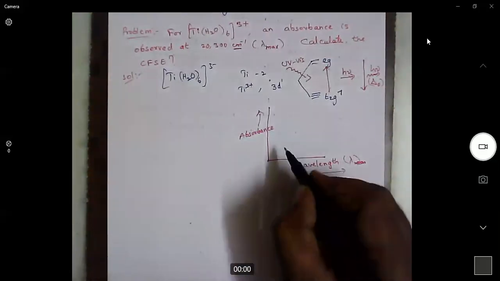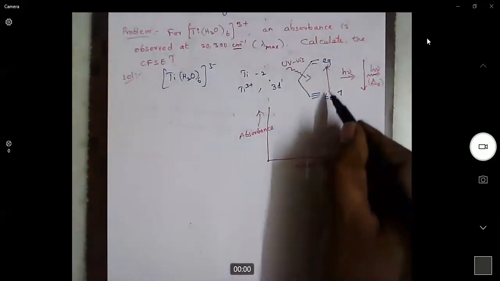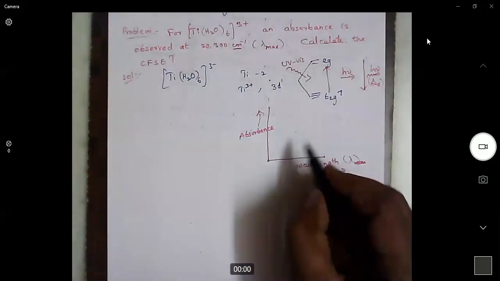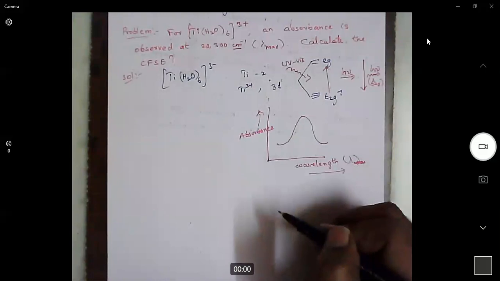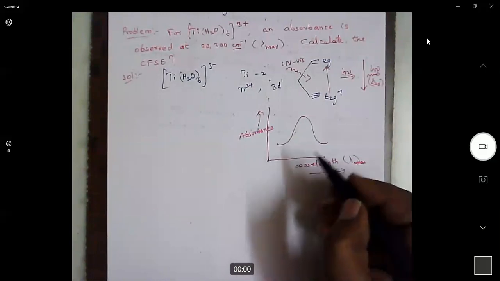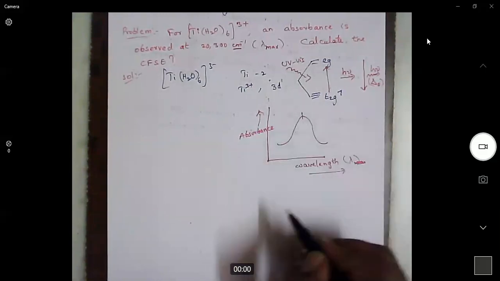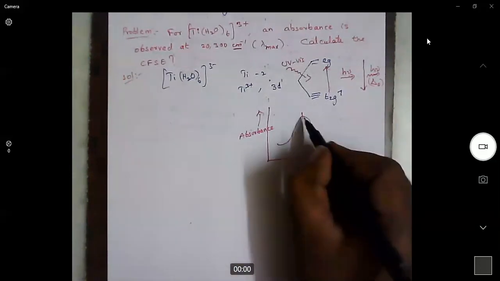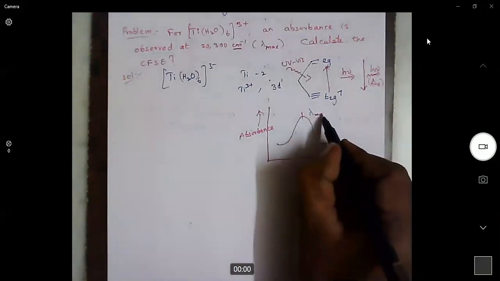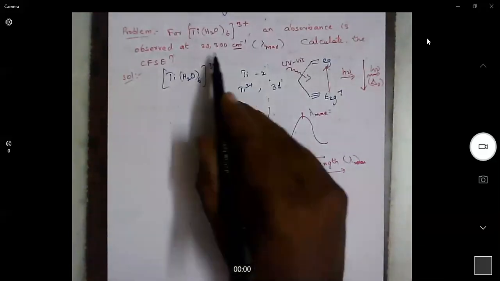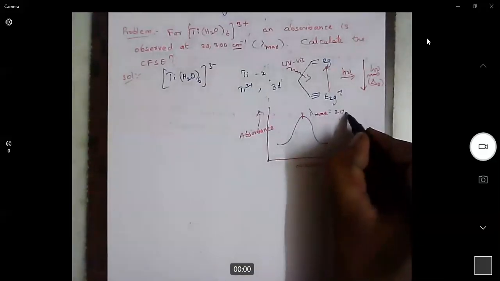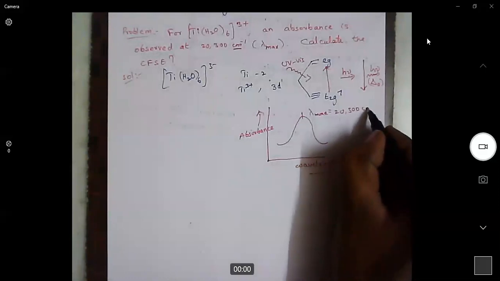Now in a UV visible spectroscopy, because of this single electronic transition, we will observe a peak like this. And the lambda maximum for highest absorbance, which is called lambda max, is given by 20,300 centimeter inverse.